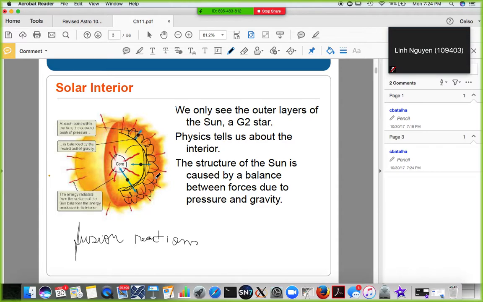So we have a big bubble of hot gas that rises up to the outmost region in the solar atmosphere, transfers heat to the cooler regions, and as it loses heat, it falls back down to the interior and keeps circulating as it picks up more energy. So this circulation is called convection. So the convective zone is the third and the outmost region of the solar interior. So three regions: the core, the radiative diffusive shell, and the convective zone, the outmost one.